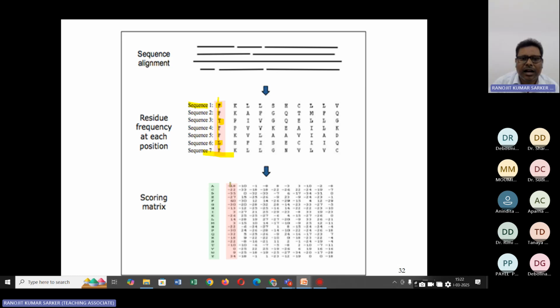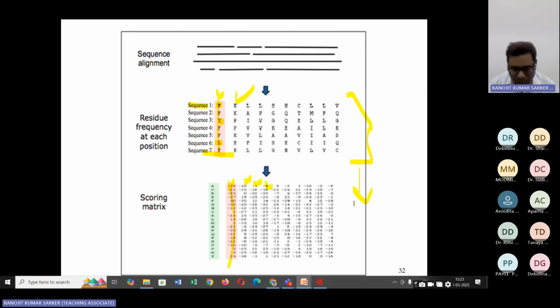In this way, considering their biological structures also, you put some values. This value indicates column 1, this value indicates columns 2, 3, 4 accordingly. So you are converting these sequences into a profile matrix.